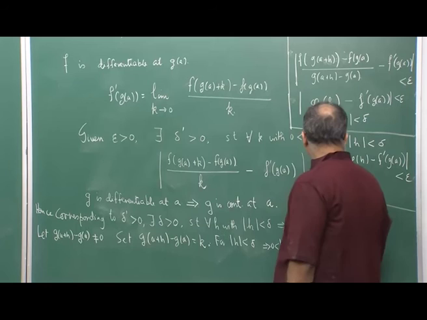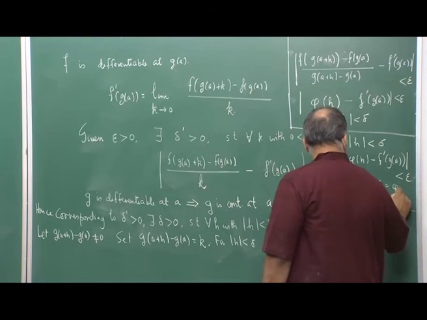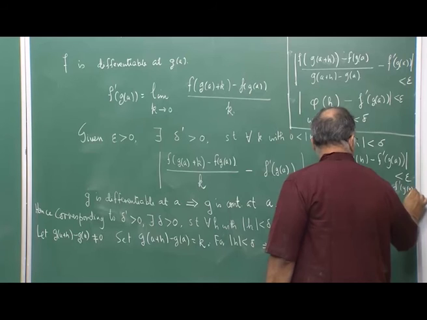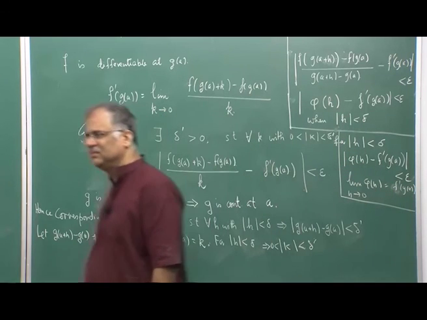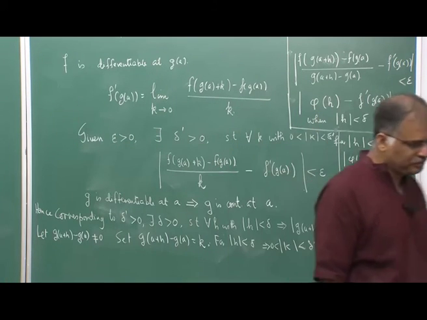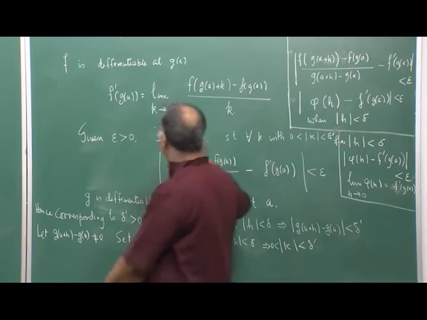What I have proved is that the limit of phi of h as h tends to 0 is f dash of g a. This is the crucial step by which you overcome the fact that g of a plus h minus g a could be 0.